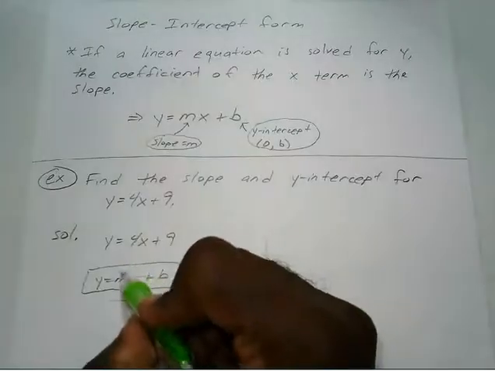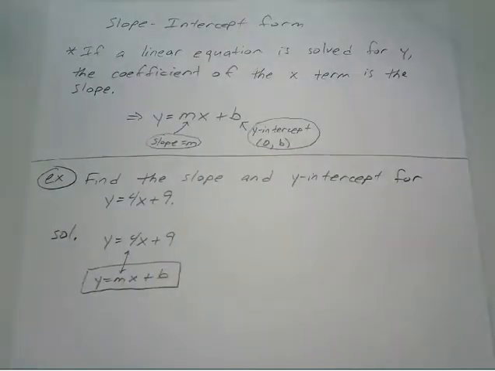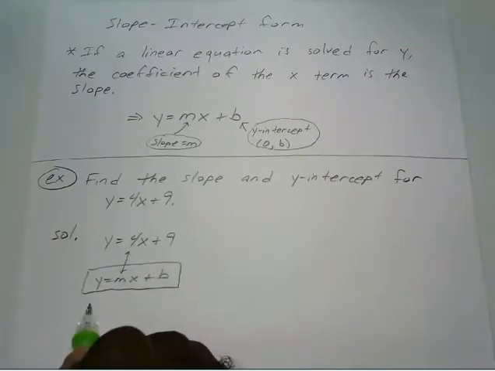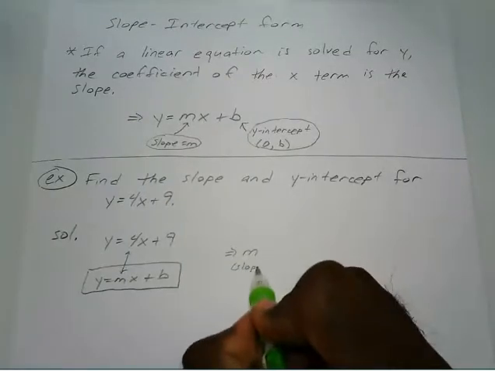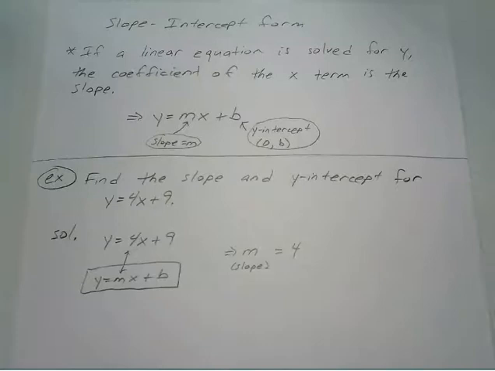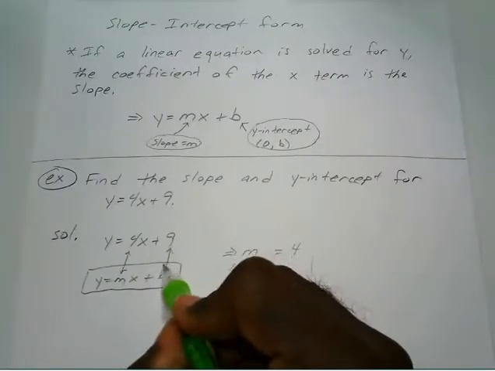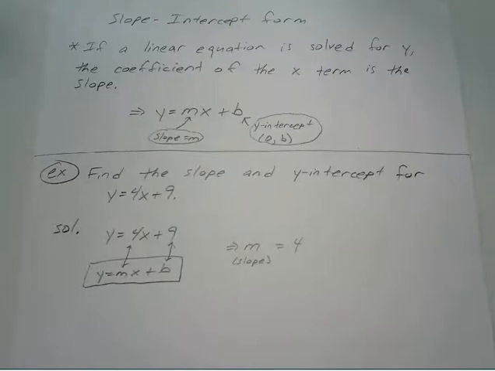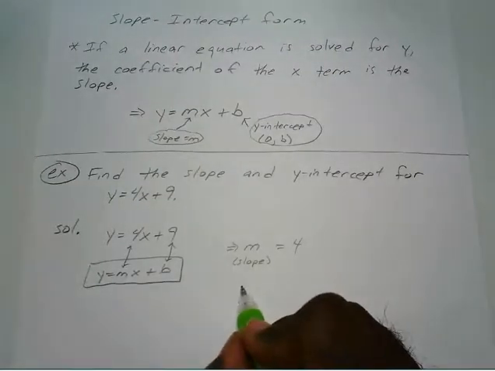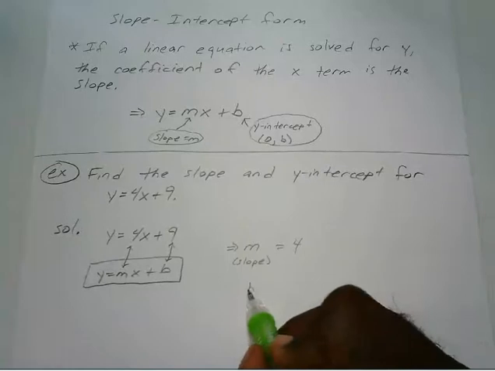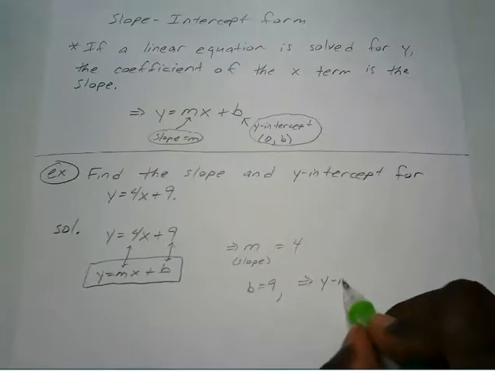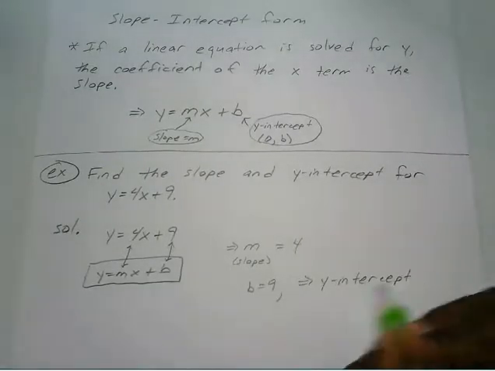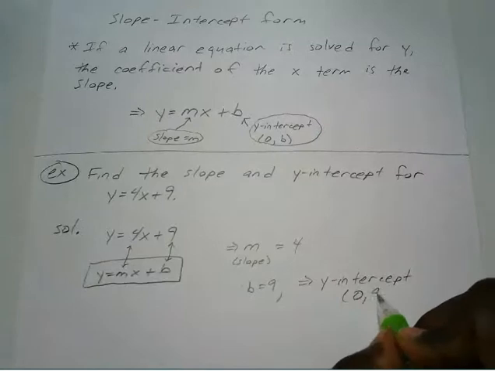So since the value next to the x is m, and the value next to the x up here is 4, that means your m, which is your slope, equals 4. And remember, your b is your y-intercept. So b equals 9, which means your y-intercept is 0, 9.